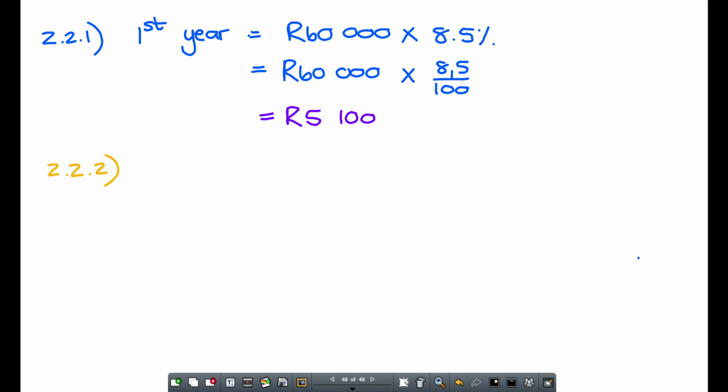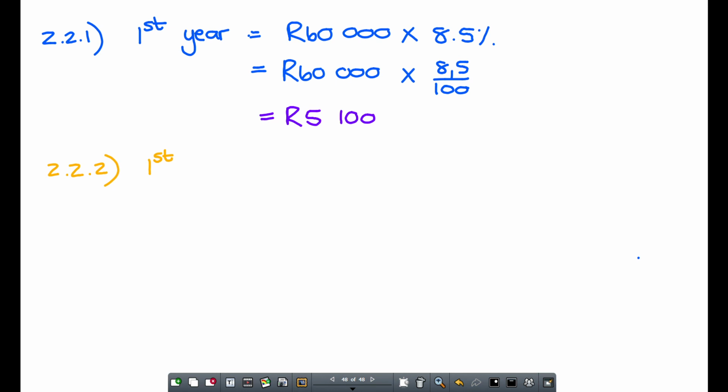Okay, 2.2.2, determine the total amount that must be paid back to the bank after 2 years. Okay, so, die eerste jaar, want onthou, it's compounded interest. So, julle weet dat daar word rente bygesit en op daai totaal word die nuwe rente uitgewerk, nee?